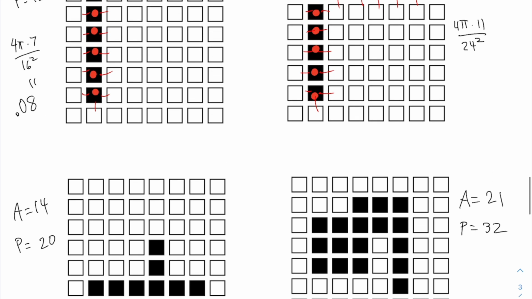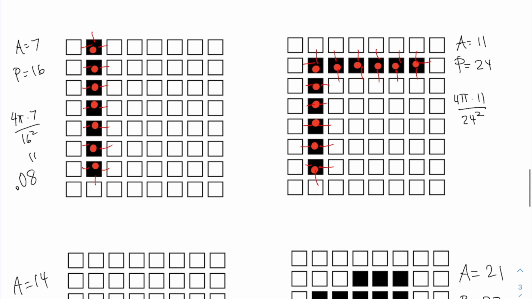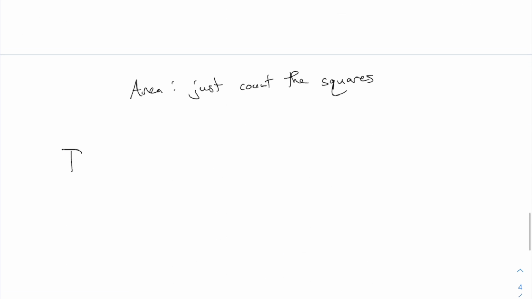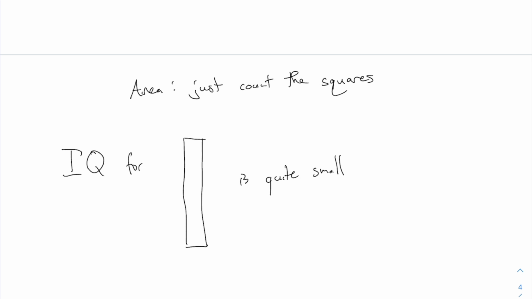I would like to make a comment about this right here, all right? This is a long and skinny rectangle. So the IQ for a shape like this is actually quite small. Right? That one, when we did it, was like 8%, right? Around 8%.